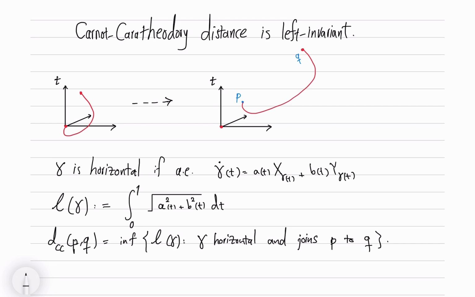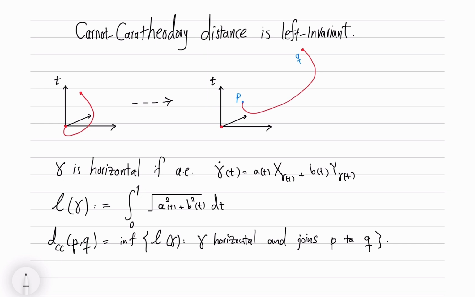We called an absolutely continuous curve in the manifold R3 a horizontal curve if its velocity lied in the span of the so-called horizontal vector fields X and Y, almost everywhere.